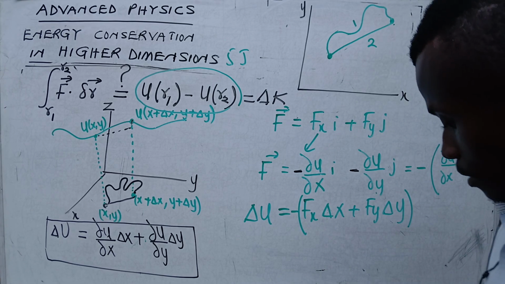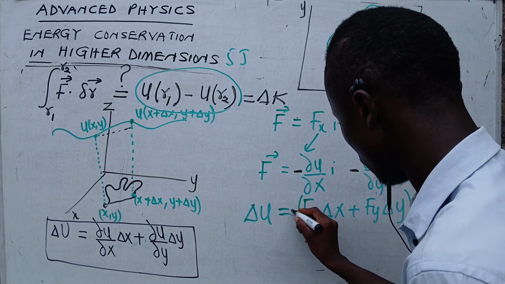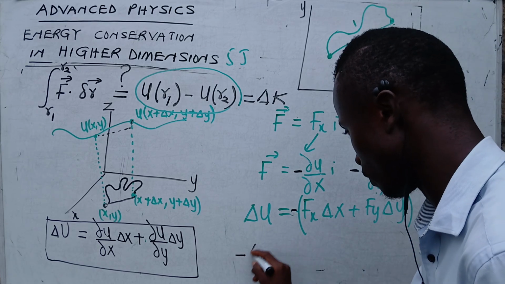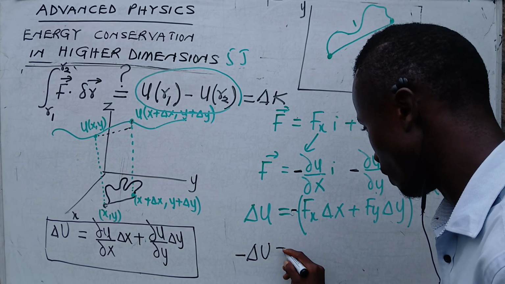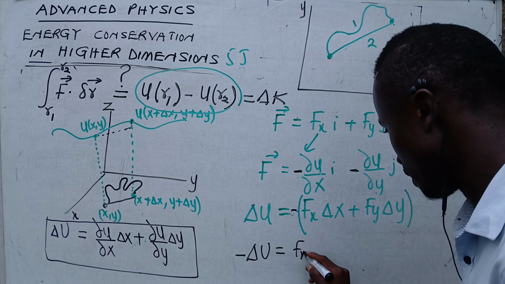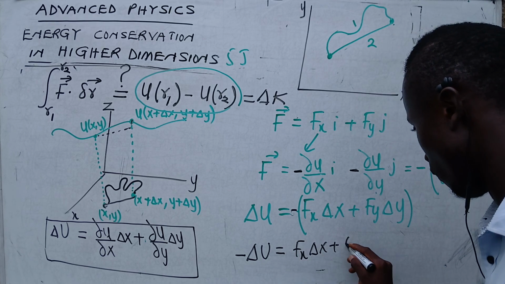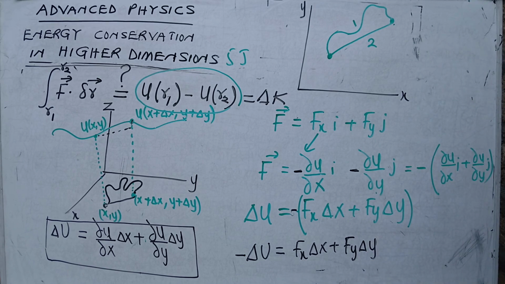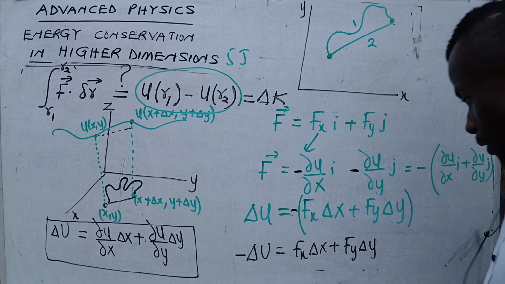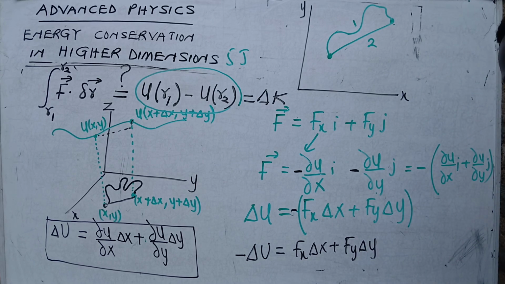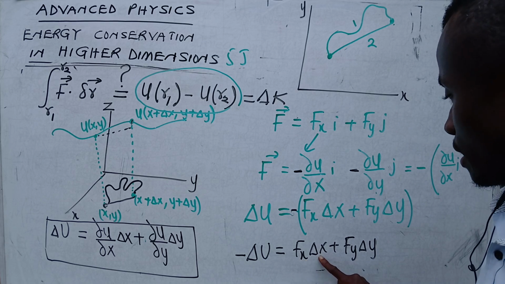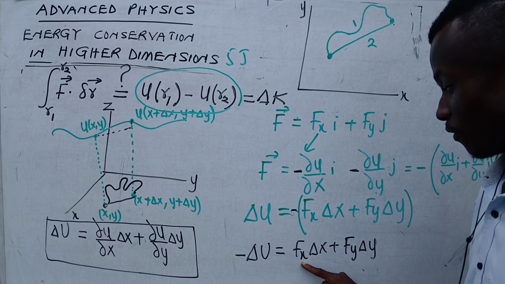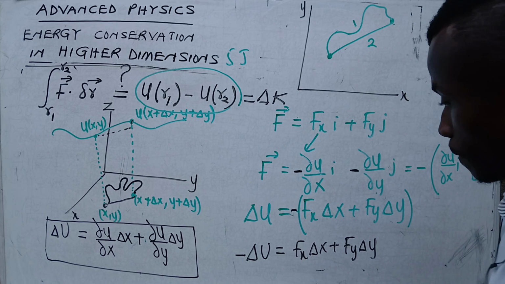Okay, so we bring this negative here, so negative delta U will be equal to Fx delta x plus Fy delta y. See? Now, what is Fx delta x plus Fy delta y? It is a dot product of a force and a position vector.